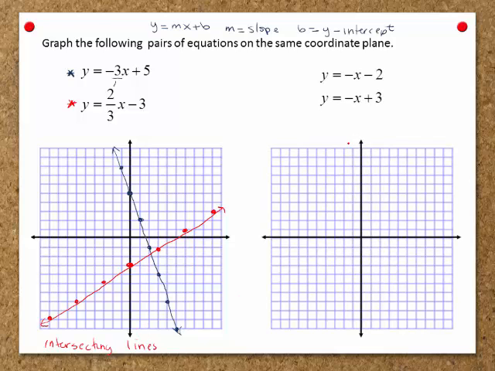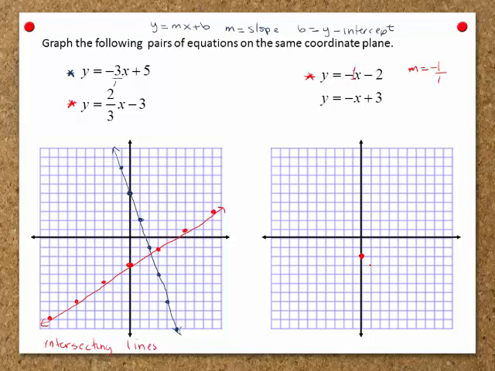Okay. We have another set. We have y equals negative x minus 2 and y equals negative x plus 3. This time I'll graph the first line in red. I start at negative 2. I don't have a visible m, but that's an invisible 1. So my slope is negative 1, which is the same as negative 1 over 1.